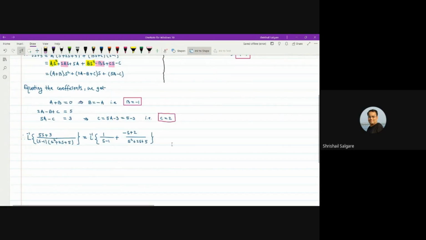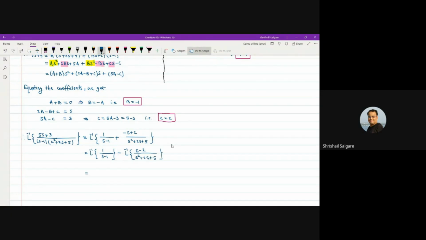Now further, by linearity property I will write this as L inverse of 1 upon s minus 1. Now here I will take negative common, and it becomes L inverse of, that negative sign I will adjust in the numerator, (s minus 2) divided by s square plus 2s plus 5.